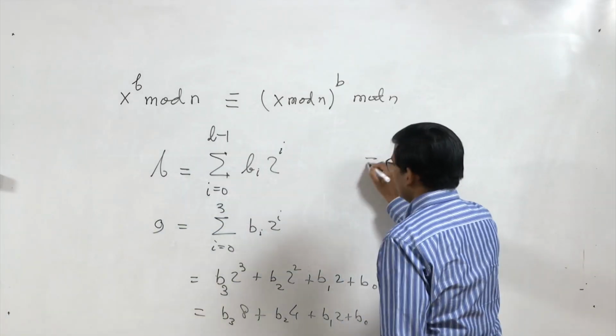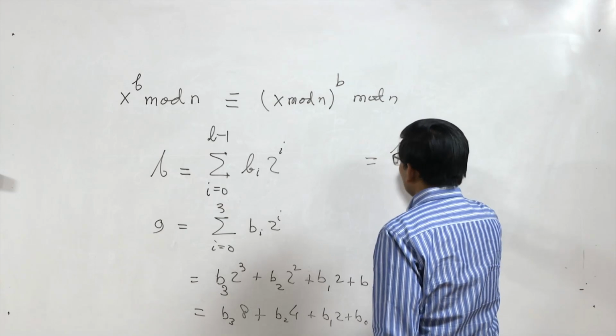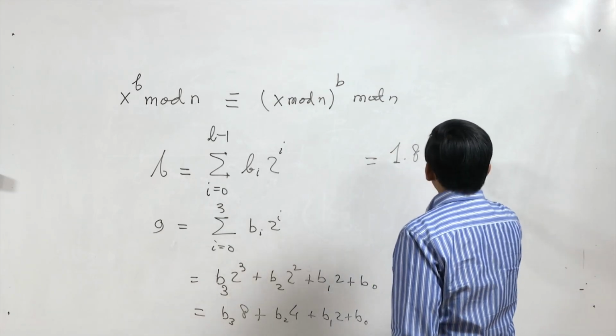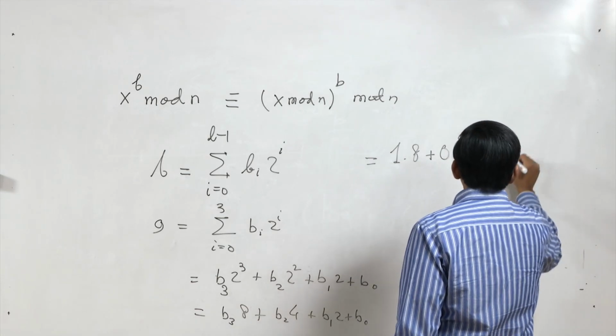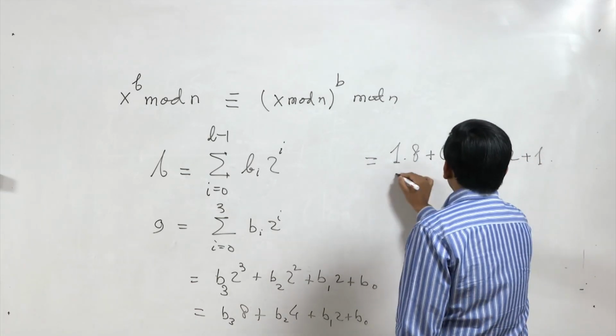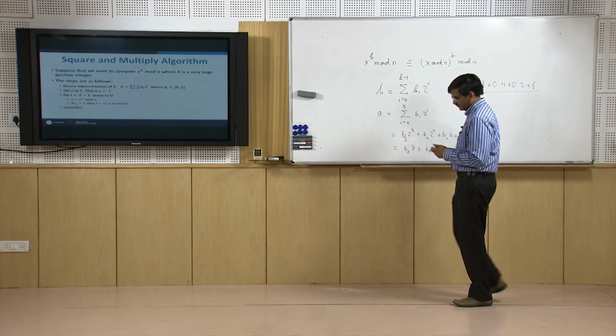It is not difficult to see that it is essentially 1 into 8 plus 0 into 4 plus 0 into 2 plus 1. So, this is the binary representation.